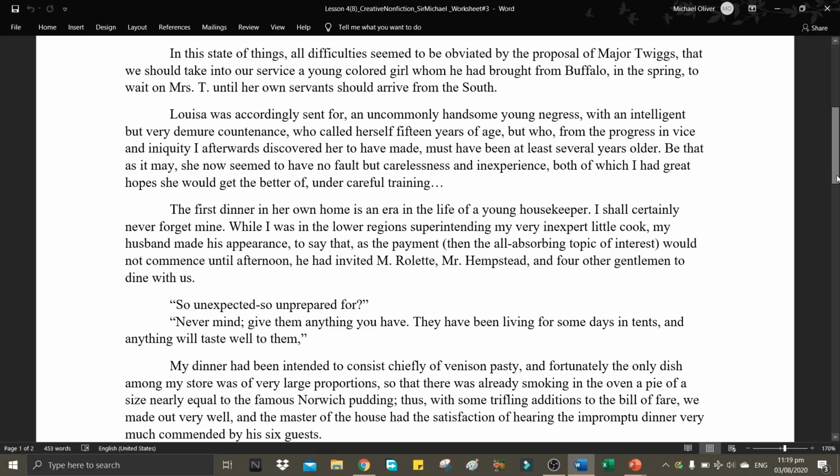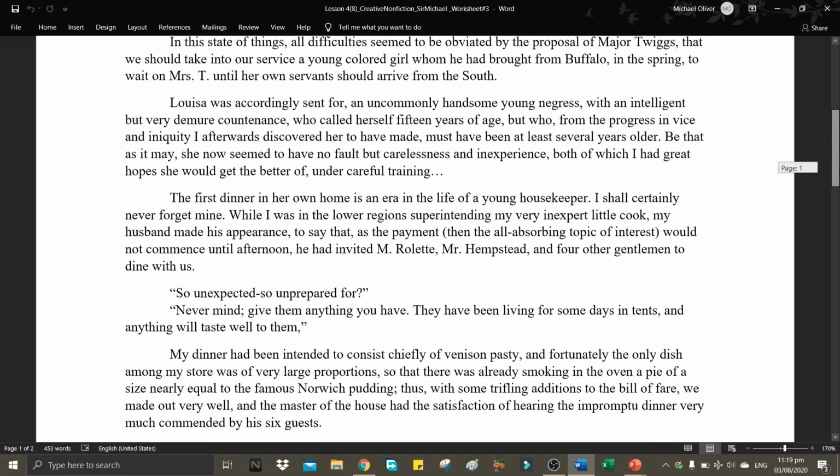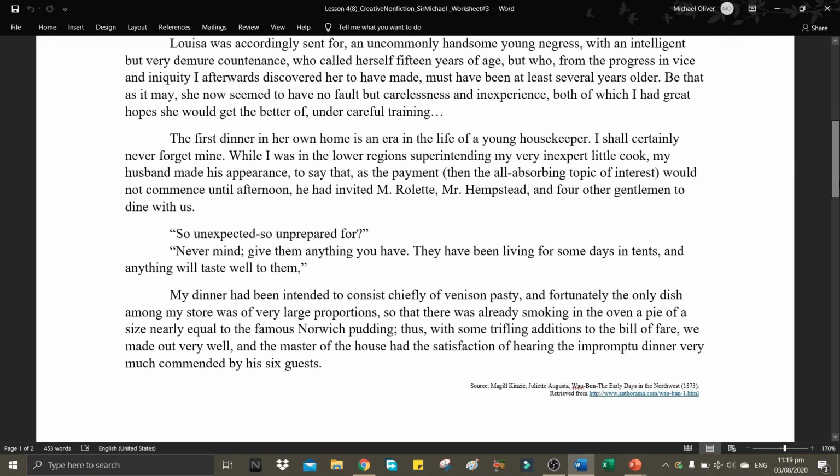Be that as it may, we now seemed to have no fault but carelessness and inexperience, both of which I had great hopes she would get rid of under careful training. The first dinner in her own home is an era in the life of a young housekeeper. I shall certainly never forget mine.